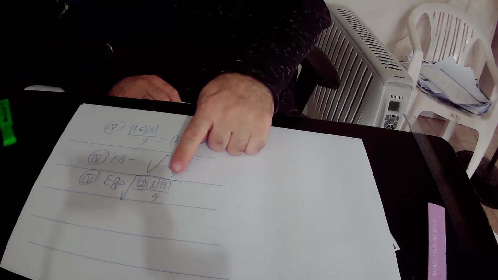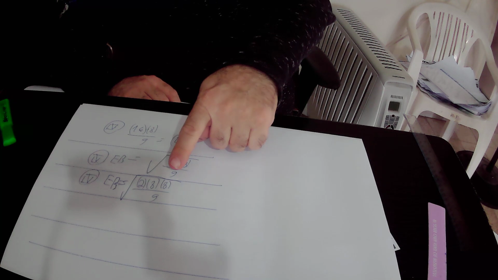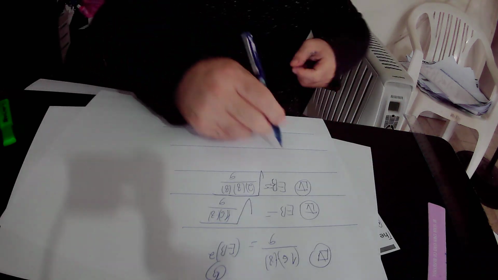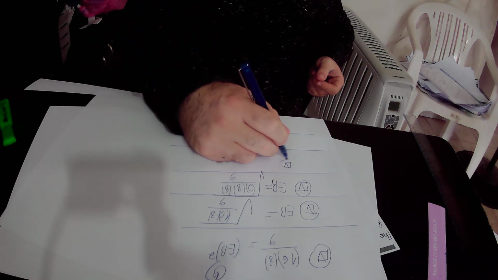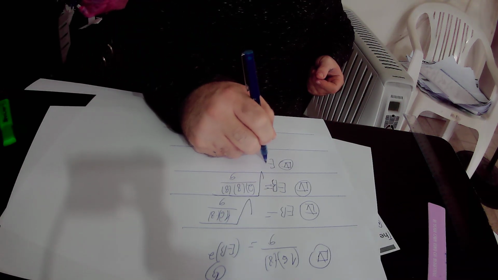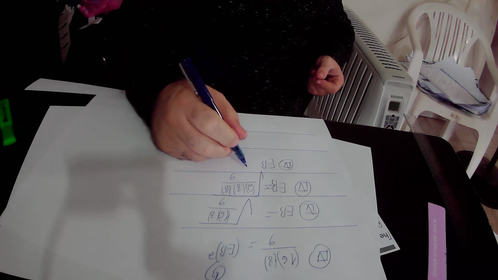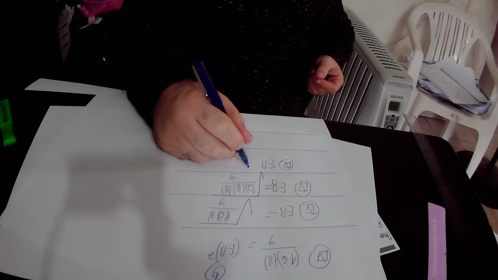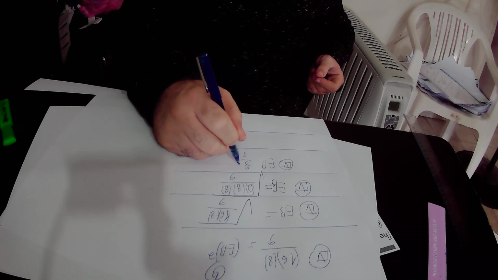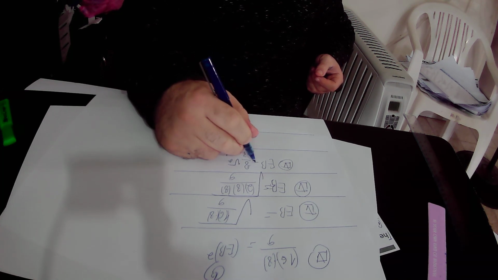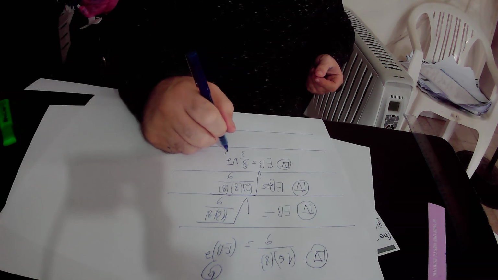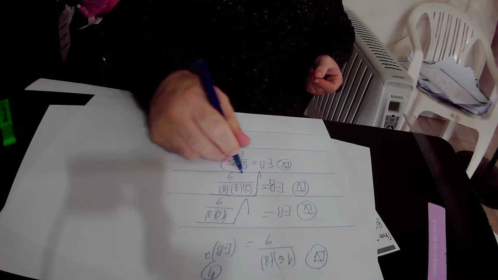The square root of 8 times 8 is 8 and the square root of 9 is 3, so we write it down. So we got that EB equals 8 over 3 times square root of 2 units.